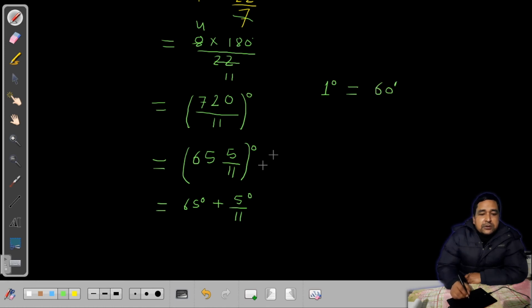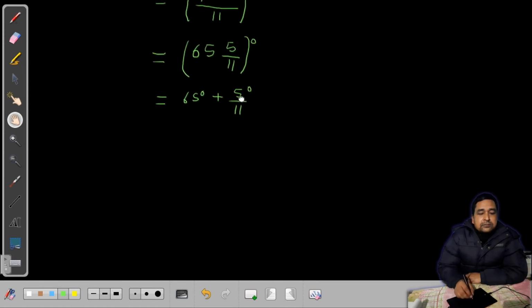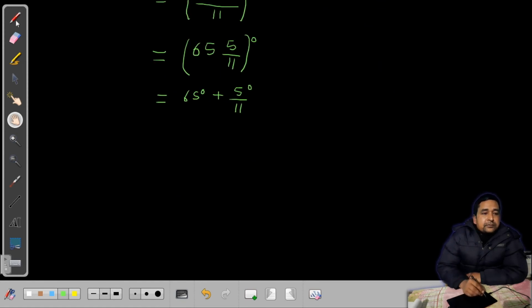Now to convert degree into minute, 1 degree equals 60 minute. That means to convert this degree into minute, multiply by 60. Now this equals 65 degree plus 5 upon 11 multiplied by 60, so it is converted into minute.